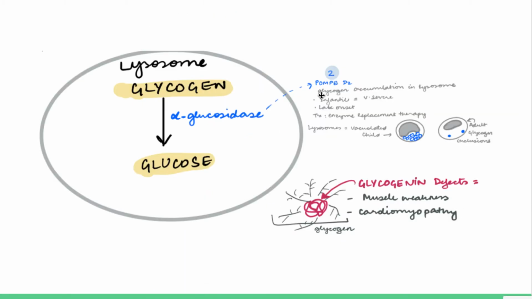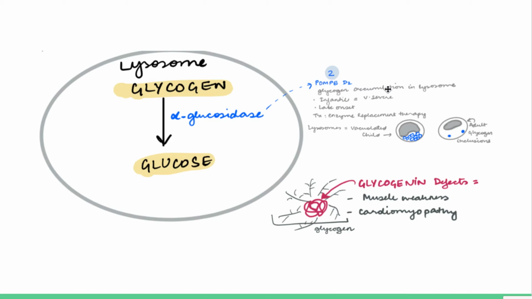And there's one more called Pompe disease. So this is a lysosomal storage disease. Okay, so keep this separate from the other ones we did. This is going on in the lysosomes, and glycogen breaks down to glucose using the alpha glucosidase enzyme. If you're missing this enzyme, you see Pompe disease. And really the easiest way to remember this is, Pompe sounds like pump, and the pump of your body is your heart.